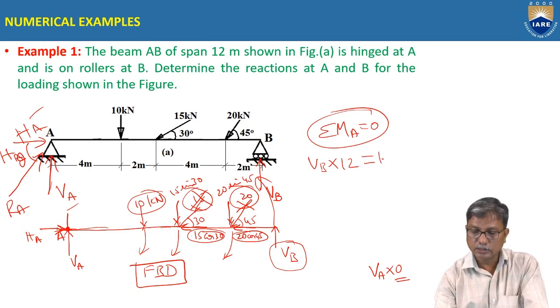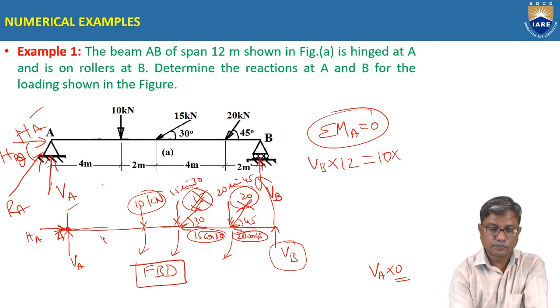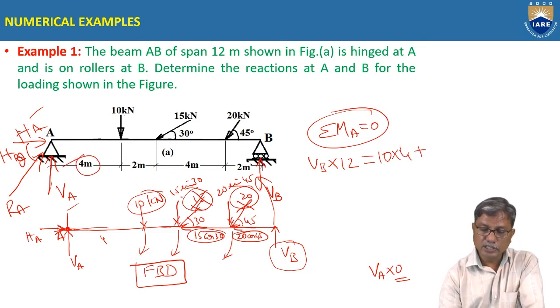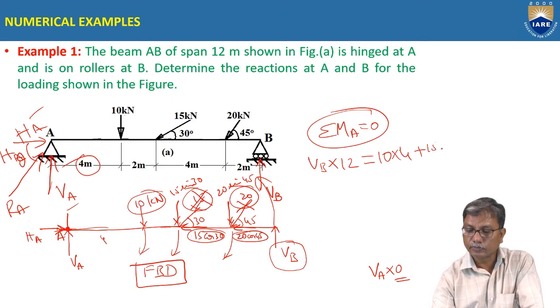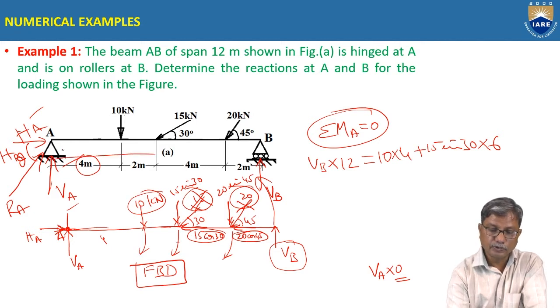So what are the moments due to the 10 kilonewton load? 10 into perpendicular distance 4, 10 into 4, plus 15 sin 30 into perpendicular distance 6.